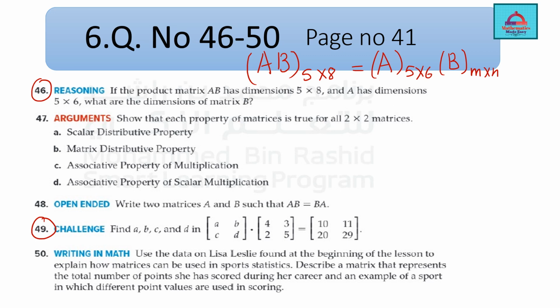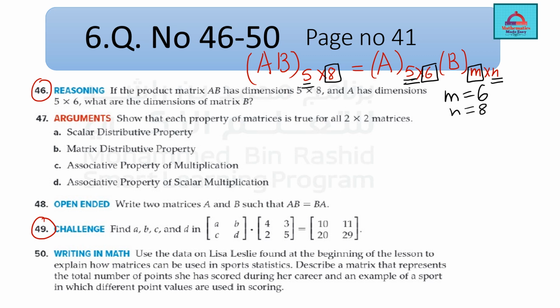Then by the logic of multiplication of matrices, two matrices can be multiplied if the number of columns of the first matrix is equal to the number of rows of the second matrix. That means M is going to be 6. And the result here is 5 cross N, and here it is 5 cross 8. That means N is 8.